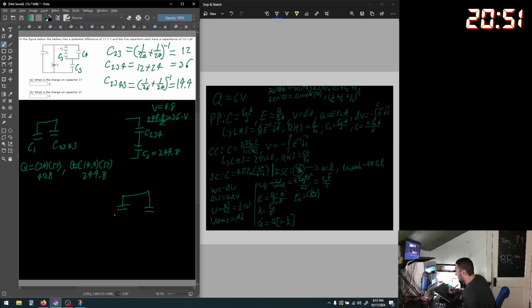Now we've got C2, 3, and C4. And the voltage here is 6.8. So right here, we're going to have Q equals C2, 3, which is 12, times 6.8.